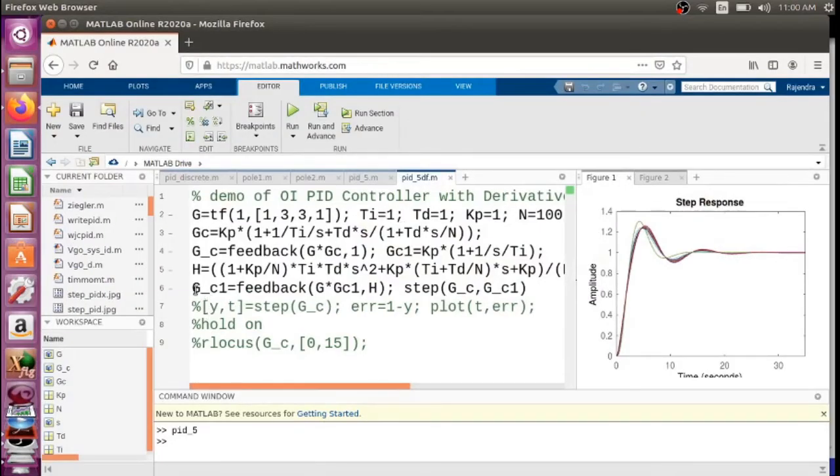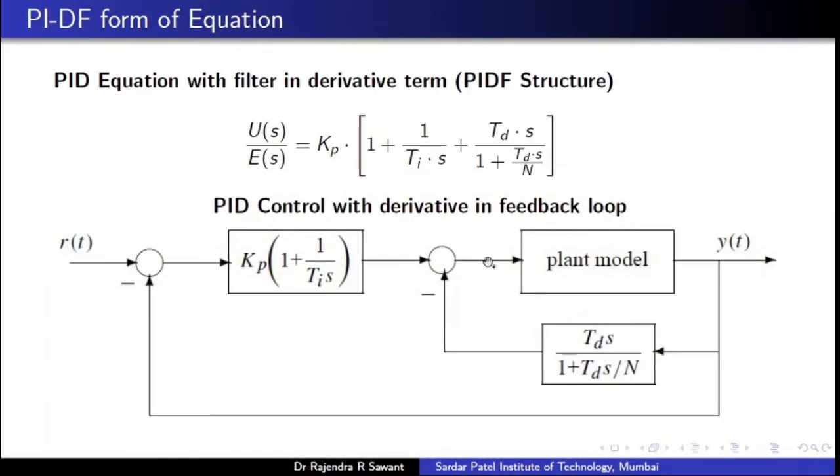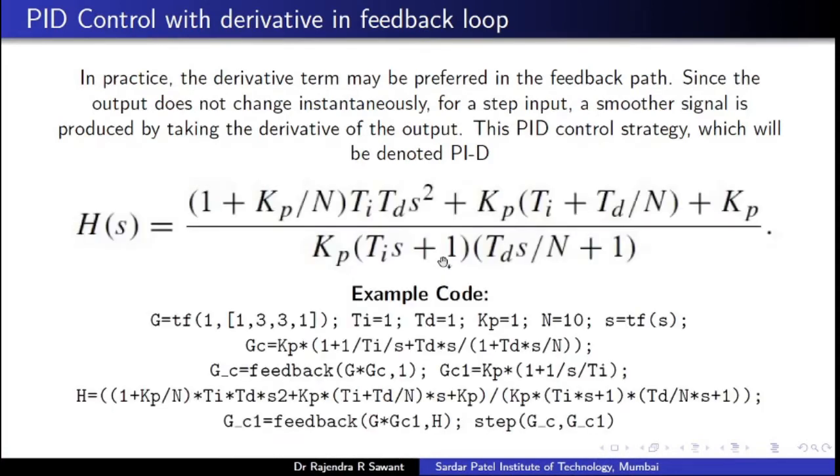So G underscore C1 is basically a closed loop transfer function with a PID controller. And what is the GC1 PID controller? We have already defined H, which is already written in this particular expression. So this H we have written down.